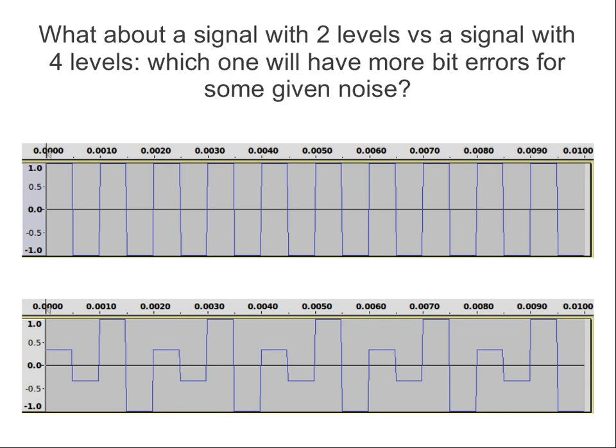Let's first focus on the top scheme. What causes an error in the top scheme? How much noise do we need for an error to occur with the top scheme?